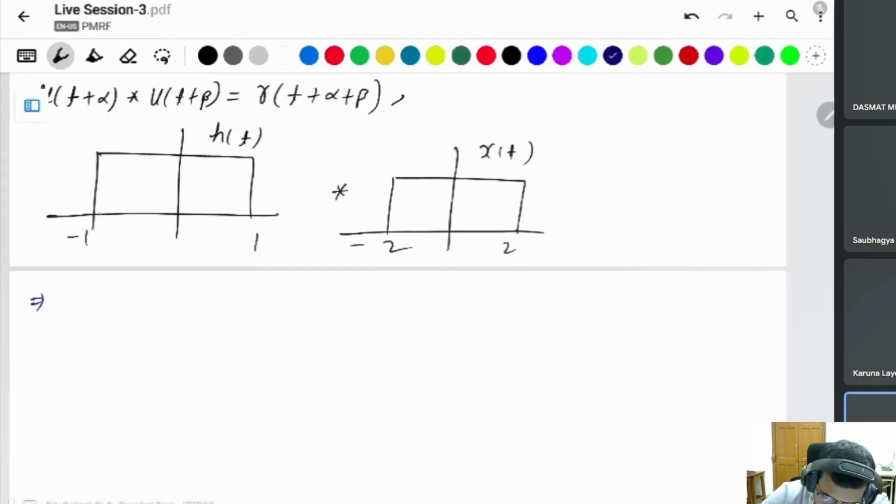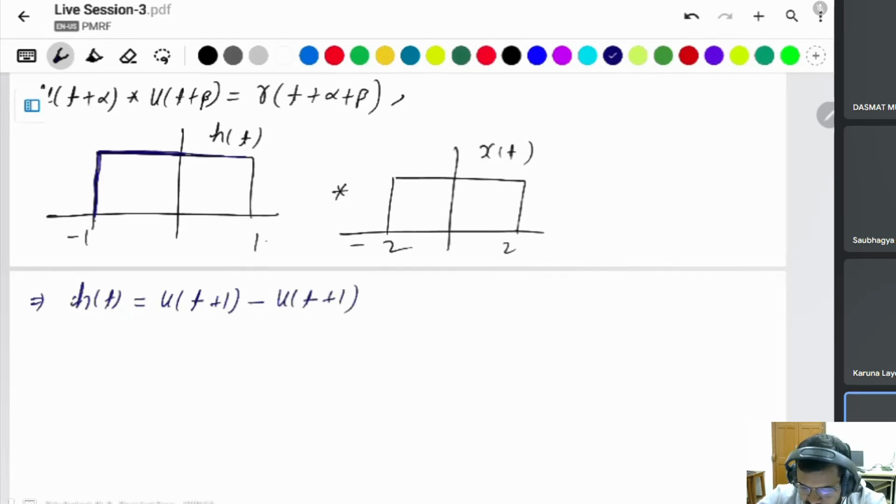Then you can see this is the step signal started from minus 1. It means you can write st is equal to ut plus 1, because it starts from minus 1. Then after this it goes to 0 because some step signal is subtracted: minus ut minus 1, with delay, then plus st is there. You can write st like that.